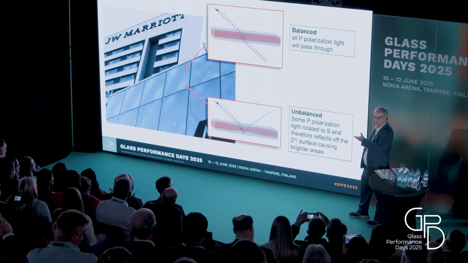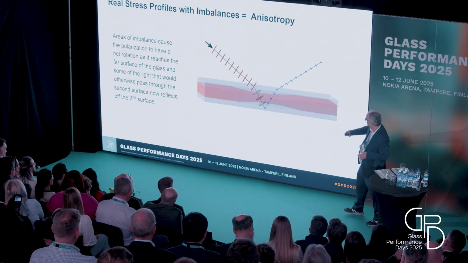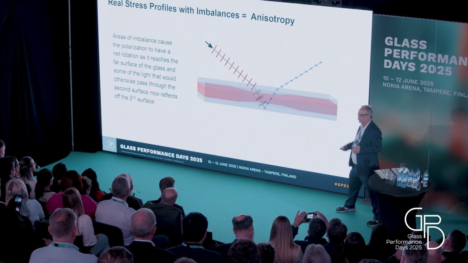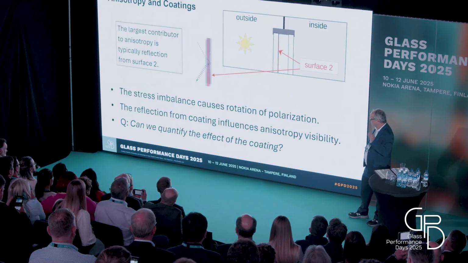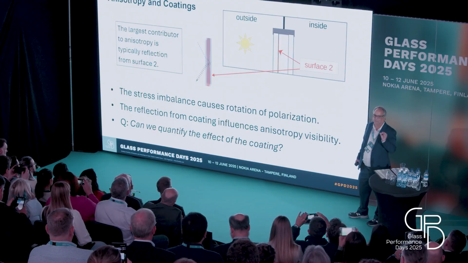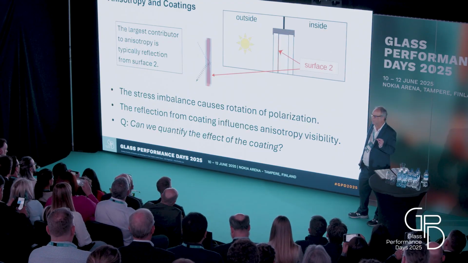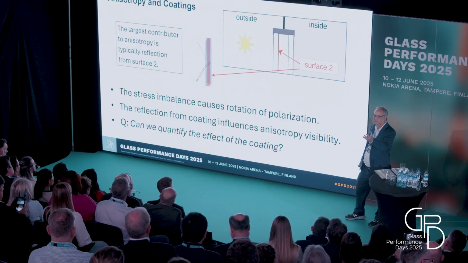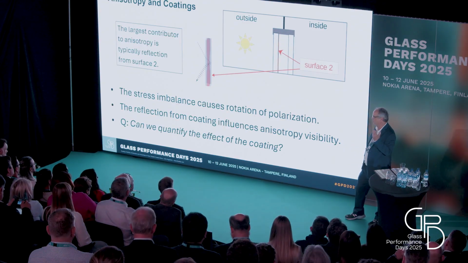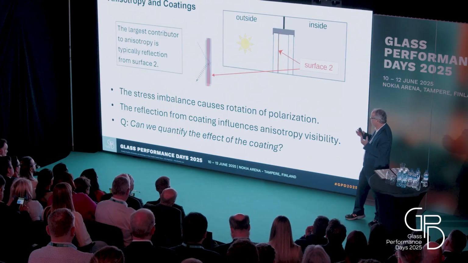And these reflections, as we saw before, are coming off this second surface, this back surface of the glass. That's something important to remember, because the anisotropy and the rotation of the light happens in the body of the glass, but the effect you're seeing is the reflection off that far surface. So there are actually two things going on there.